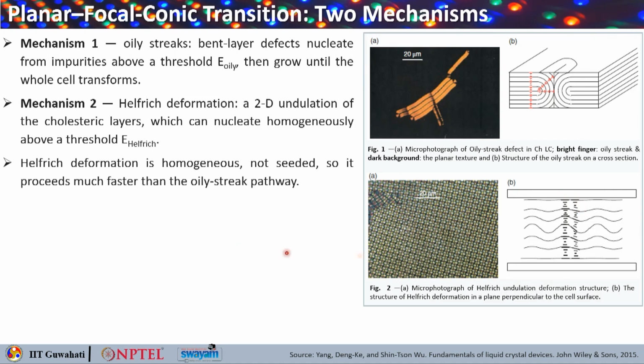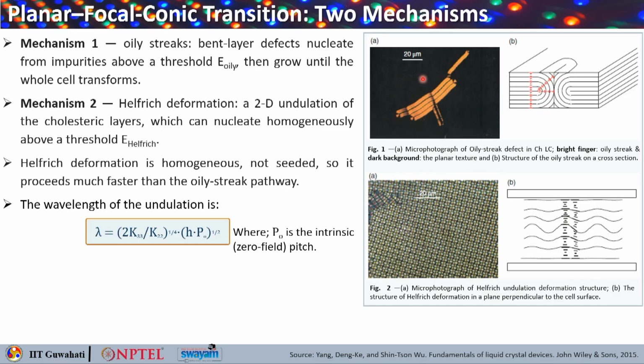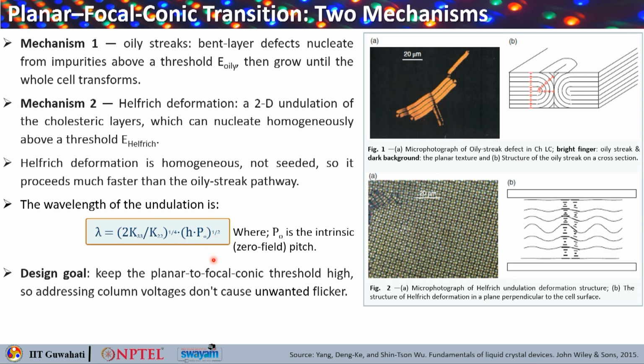So you can clearly understand that the Helfrich deformation is homogeneous, it's not seeded, so it proceeds much faster than the oily streak pathway, and the wavelength of the undulation is given as lambda equals (2K33/K22) to the power 1/4 into the square root of h into p0, that is, to the power half. So what is p0 here? p0 is the intrinsic zero field pitch, fine.